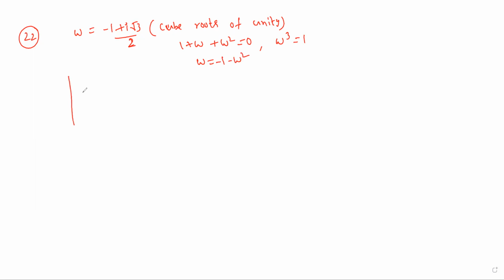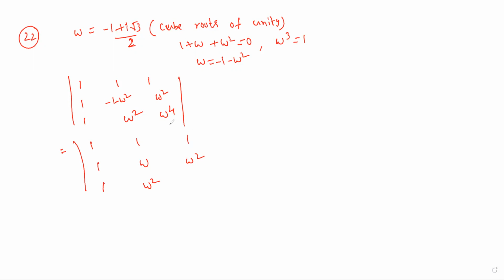Here we need to find the determinant of the matrix with rows 1, 1, 1; 1, minus 1 minus omega square, omega square; 1, omega square, omega power 4.